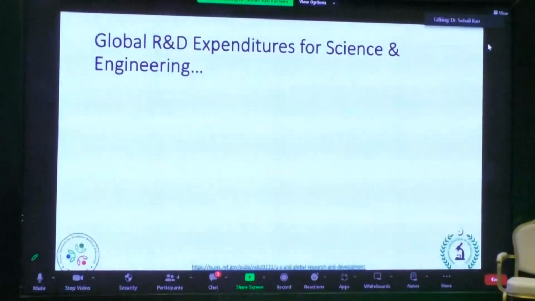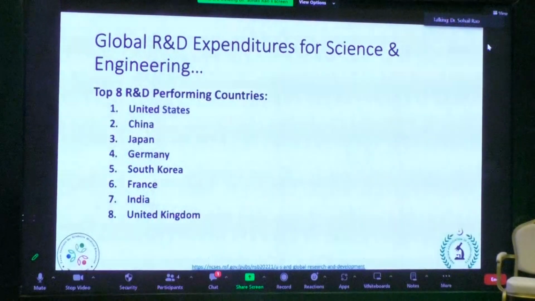I just want to start by saying how lucrative clinical research is, or R&D expenditures are for science and engineering globally. And we're not talking about millions of dollars over here or even billions. Here are the top 8 R&D performing countries as of 2023.